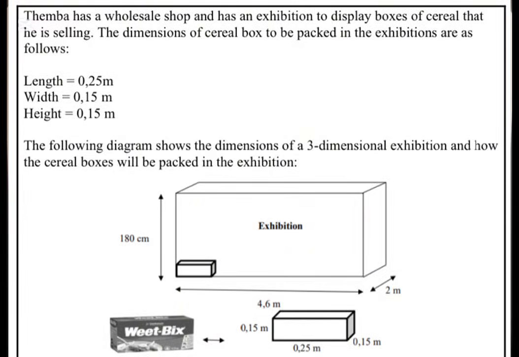Moving to the question, it says that a packer from the Timbers Wholesale claimed that 3,000 of the cereal boxes will make up an exhibition with no spaces between the boxes. Verify whether the packer's claim is valid. Show all your calculations. Okay?